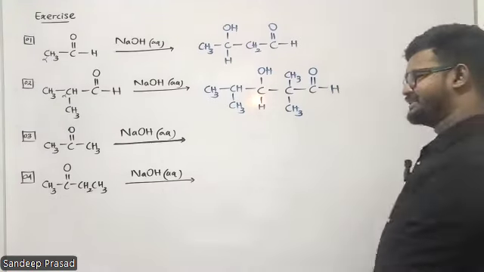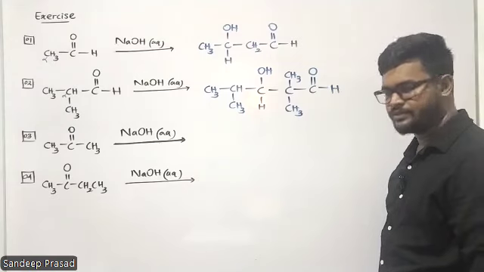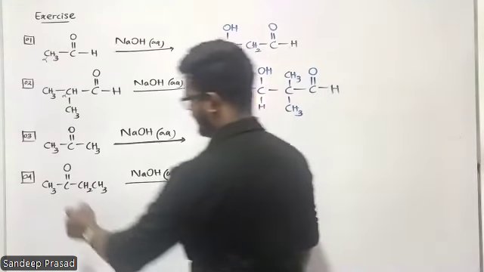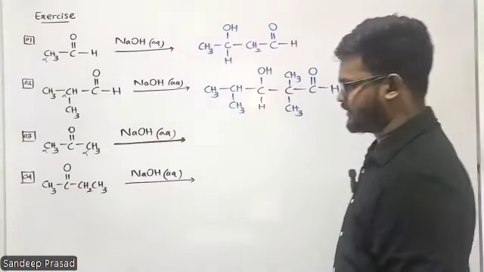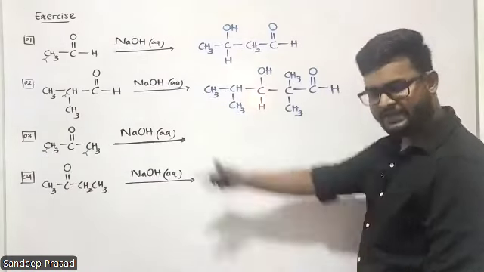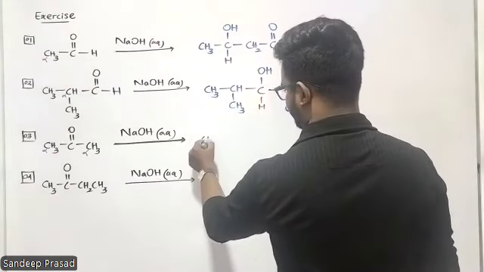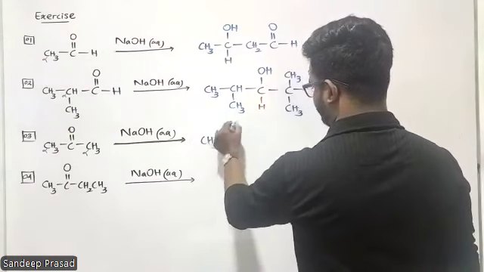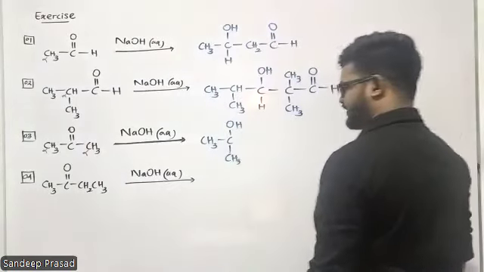So when you go for the third one, the third one is a ketone, right? So you can choose any of the carbon atoms here as the alpha carbon, doesn't matter, right? So let me take the left-hand side one. Then I can say CH3, OH. So we have to put this bond down, CH3.